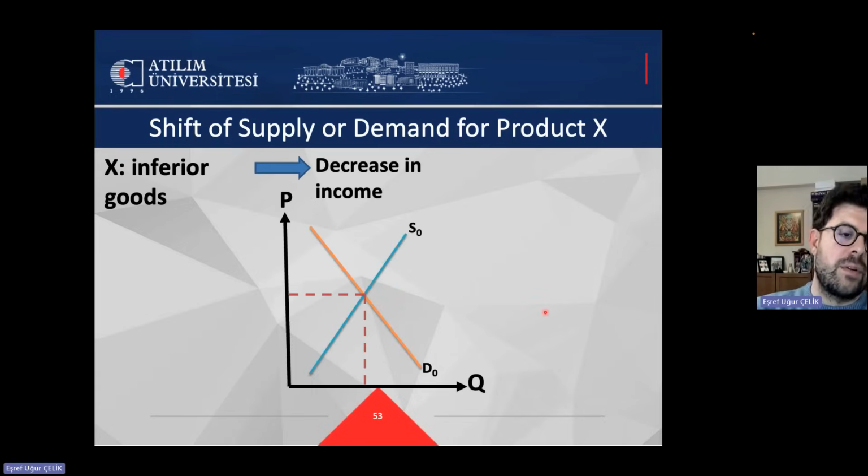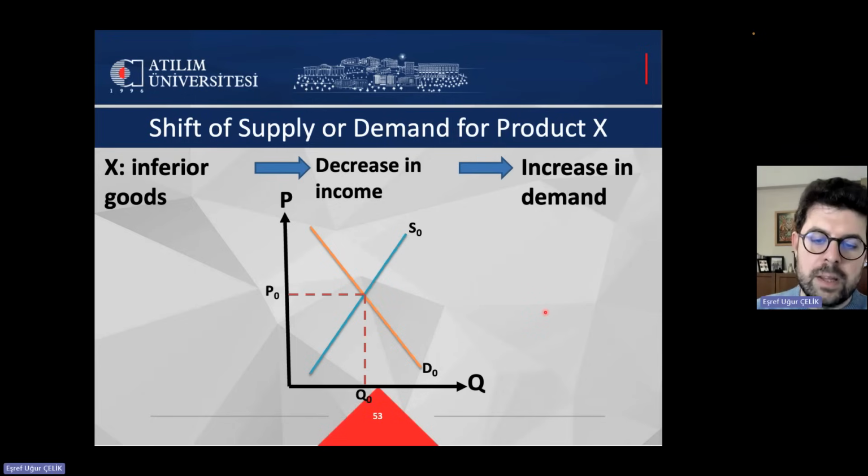This time, let's ask about inferior goods. For inferior goods, the income relationship is negative. So when income becomes lower, the demand for inferior goods becomes higher. So the demand curve is shifting to the right. When the demand curve is shifting to the right, we have a new equilibrium point over here.